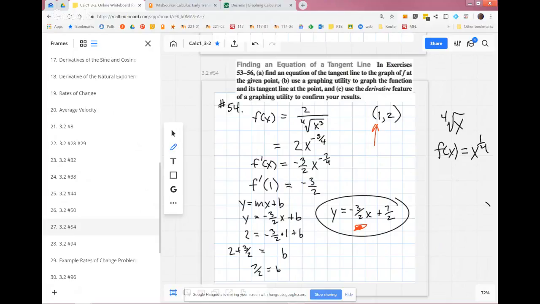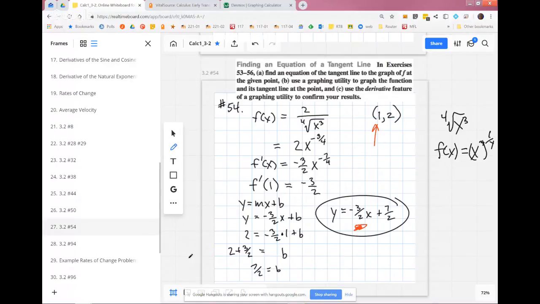Yeah. Okay. So now I've got the 4th root of x cubed. So if we put a cube on here, now I have to change this, so let me erase. Now I've got x cubed to the 1/4.